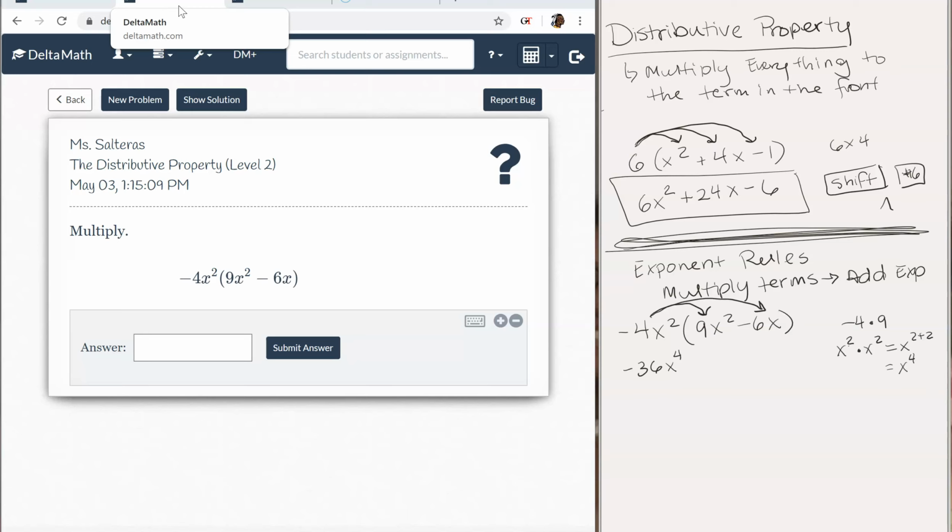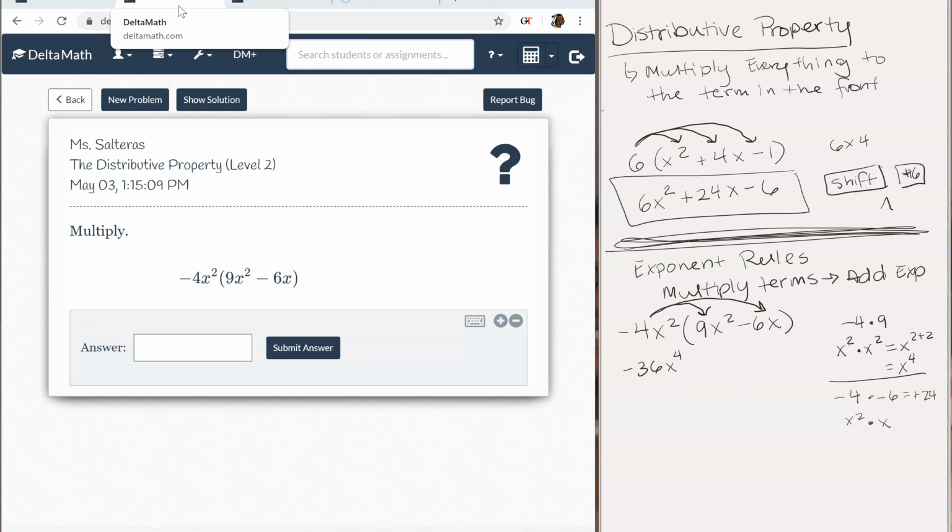to negative 6x. So we have a negative 4 times a negative 6. That's going to give us a positive 24. We have an x squared times an x.